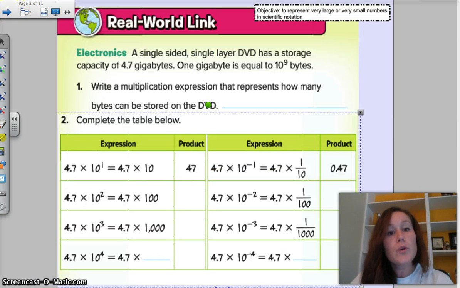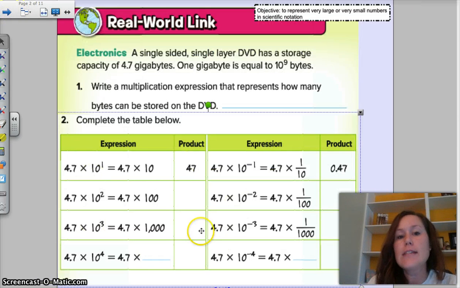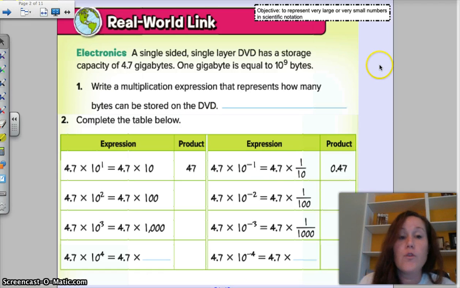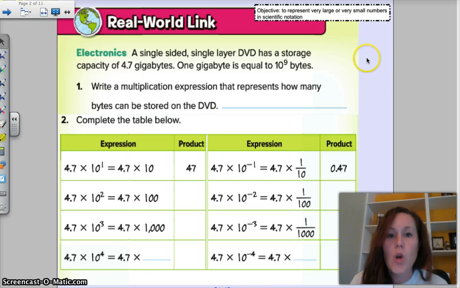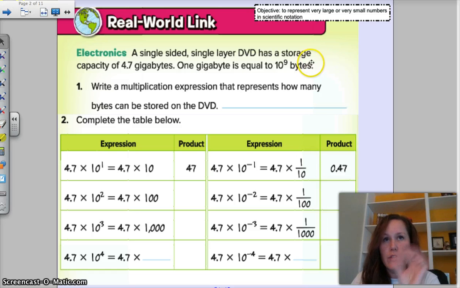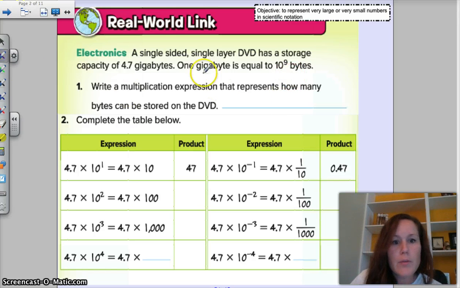Okay, real world link today. A single-sided, single-layer DVD has storage capacity of 4.7 gigabytes. 1 gigabyte is equal to 10 to the ninth bytes, which is basically 10 with 9 more zeros. So we're going to start right here.